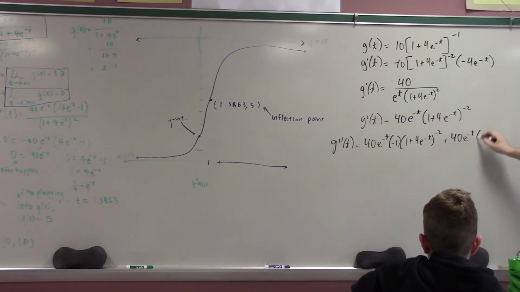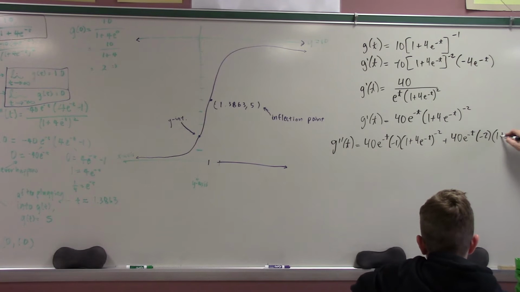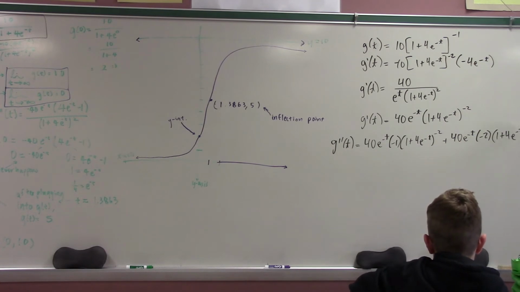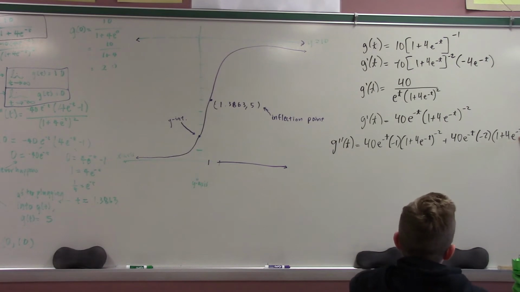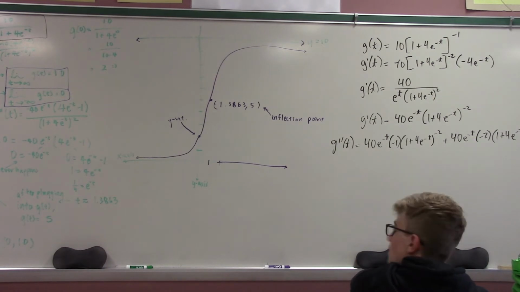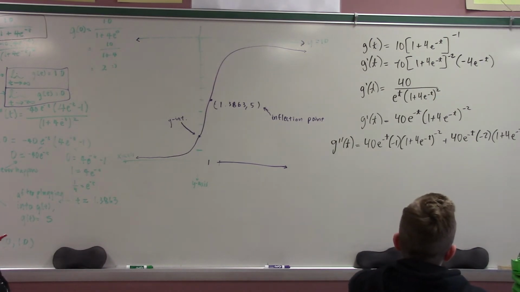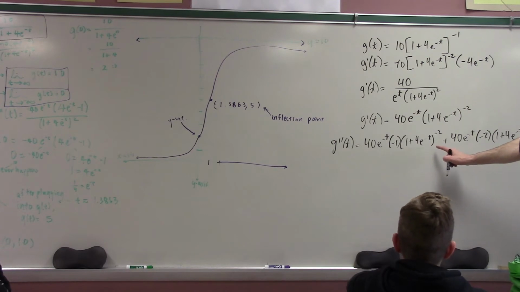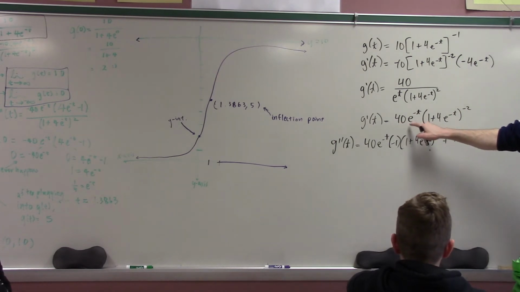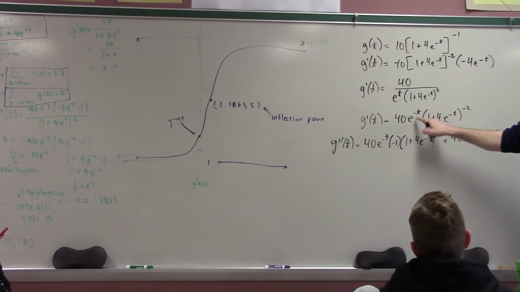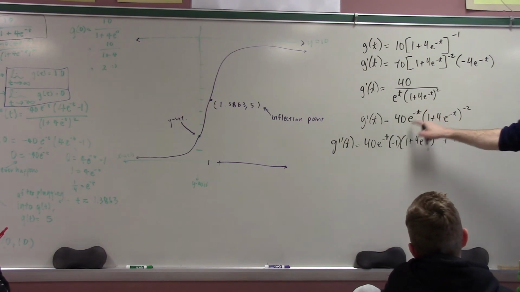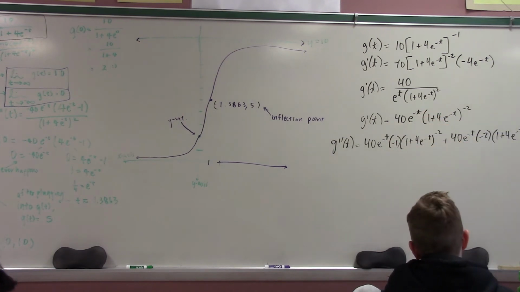And the derivative of the second is -2 times (1 plus 4e to the -t) to the -3, times the derivative of 4e to the -t, which is -4e to the -t, because of the chain rule. Where did the -1 right after the first 40e to the -t come from? The derivative of 40e to the -t is 40e to the -t back inside for the derivative of -t, which is -1. Okay, good.